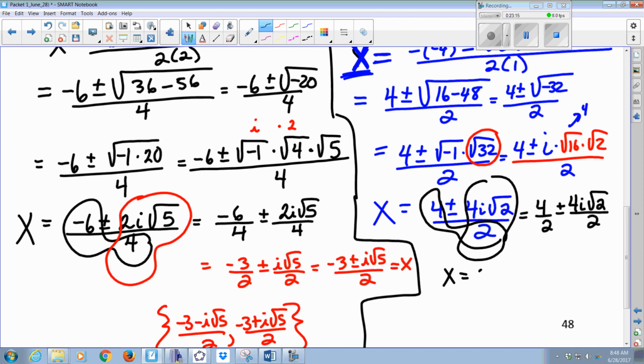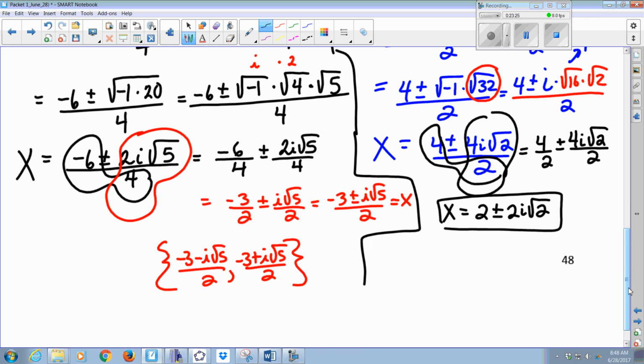So x equals 2 plus or minus 2i square roots of 2. So these are the two solutions for x. These are the exact solutions. And unless we tell you on a quiz or an exam to give us an estimate, you don't put this in your calculator and get some estimates for the square root of 2.